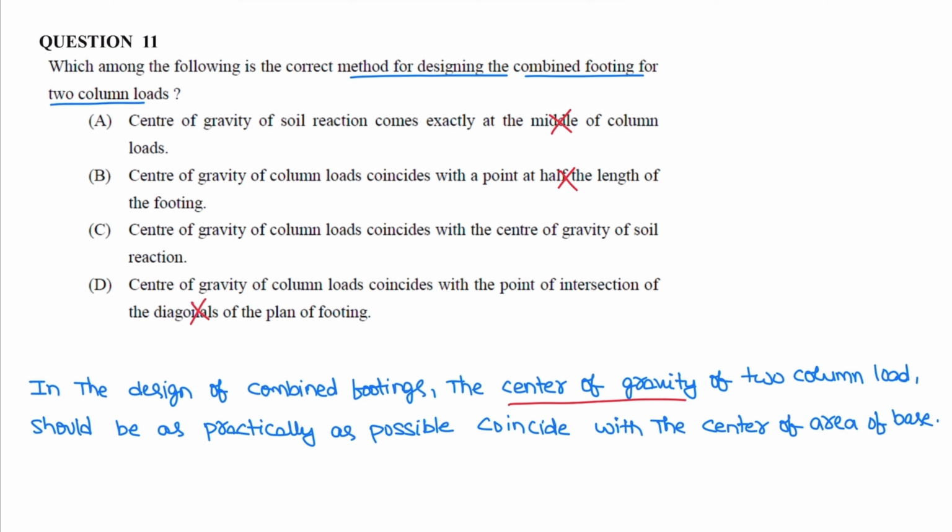This statement is also wrong. The center of gravity of two column loads coincides with the center of gravity of soil reaction. So this statement is correct. The correct method for designing the combined footing of two column loads is that the center of gravity of the two column loads coincides with the center of gravity of soil reaction.